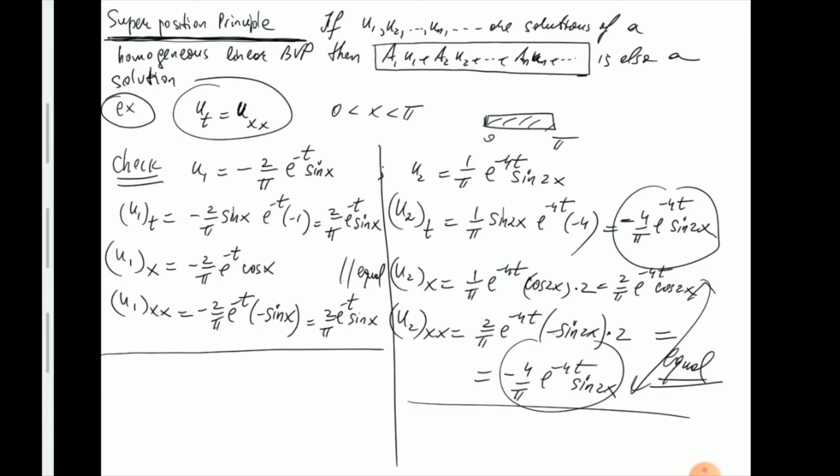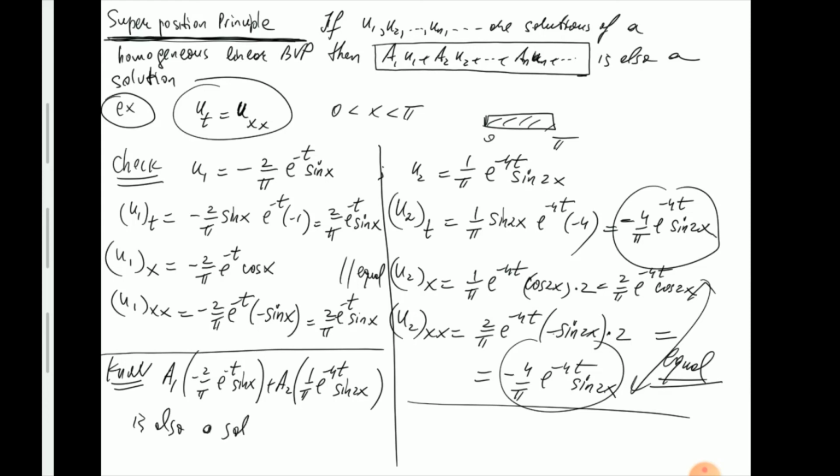So that means because of the superposition principle, we know at this point that some constant times the first function, minus 2 over pi e to the minus t sine of x, plus some other constant times the second solution, 1 over pi e to the minus 4t sine of 2x, is also a solution of the same problem.